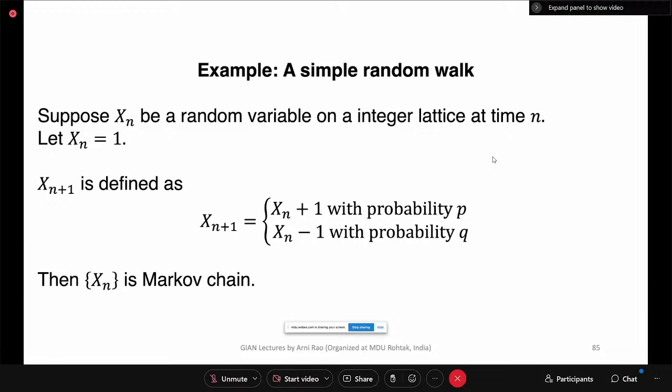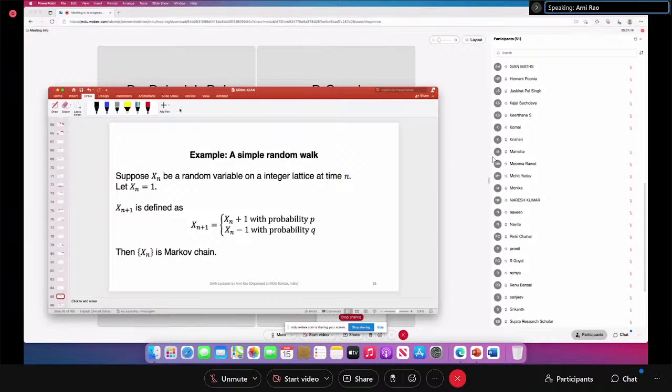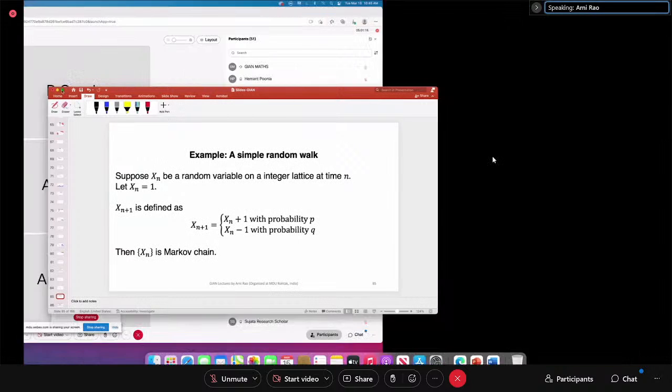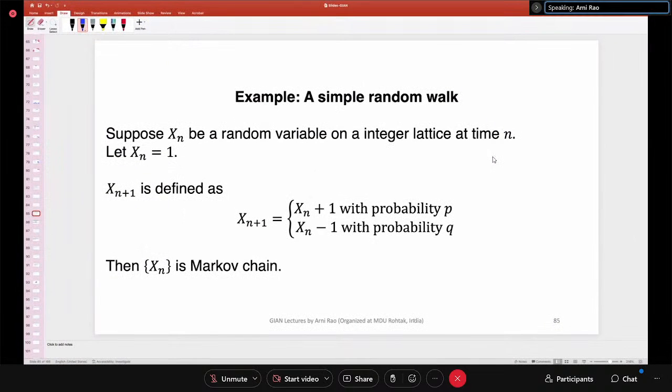Random walk means you start at a value, initially 1.